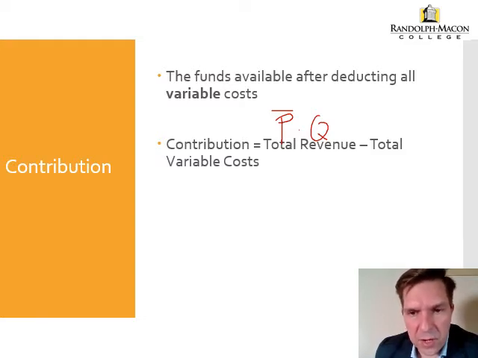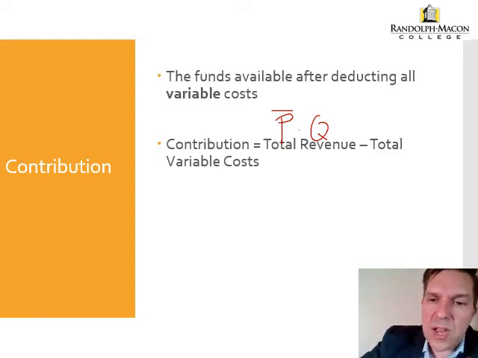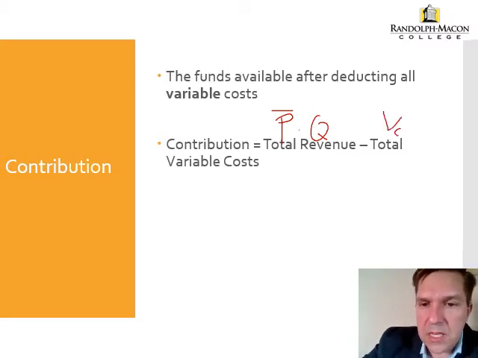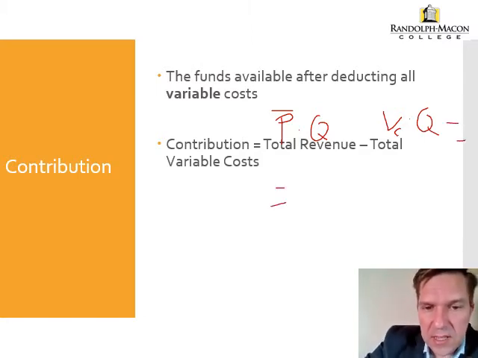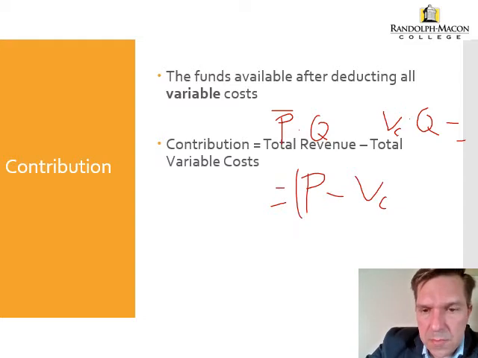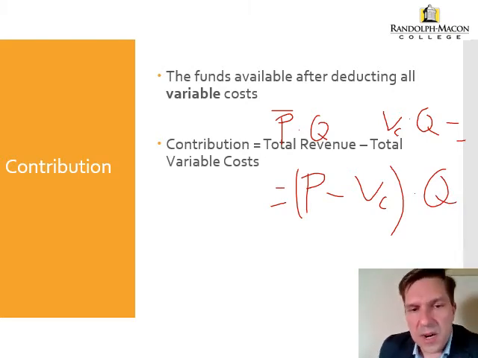Right, that's my revenue, and then what I'm going to do is subtract my variable costs, which are going to be my variable cost per unit, which I'm going to call VC, or just small c for short, multiplied by Q. If you are more arithmetically inclined, you can see that another way of expressing this will be P minus VC, which is margin per unit, multiplied by Q. I said margin per unit, that's wrong.